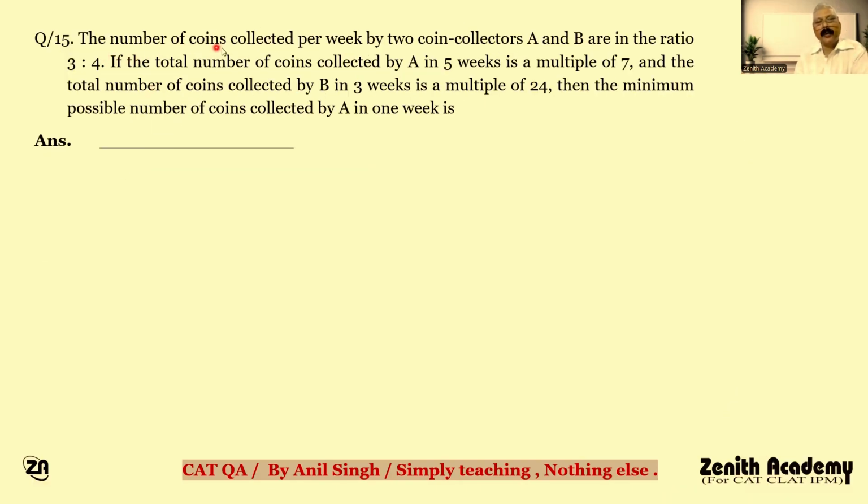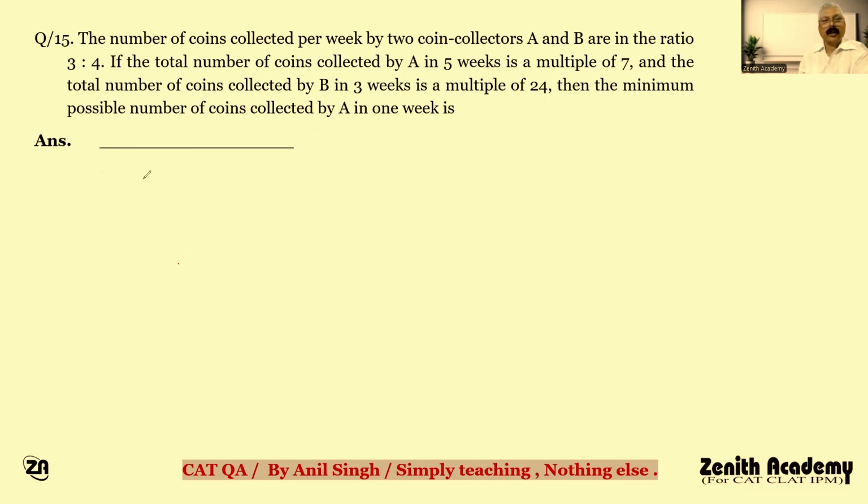Question is, the number of points collected per week by 2 points collectors, A and B, are in a ratio 3 is to 4. If the total number of points collected by A in 5 weeks is a multiple of 7, and the total number of points collected by B in 3 weeks is a multiple of 24, then the minimum possible number of points collected by A in 1 week is.